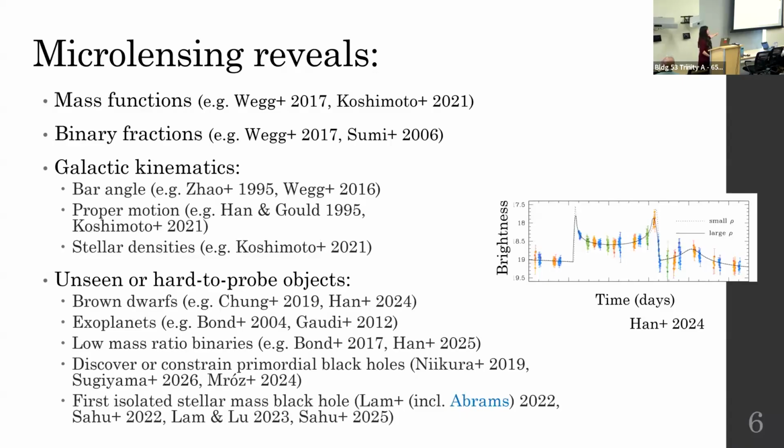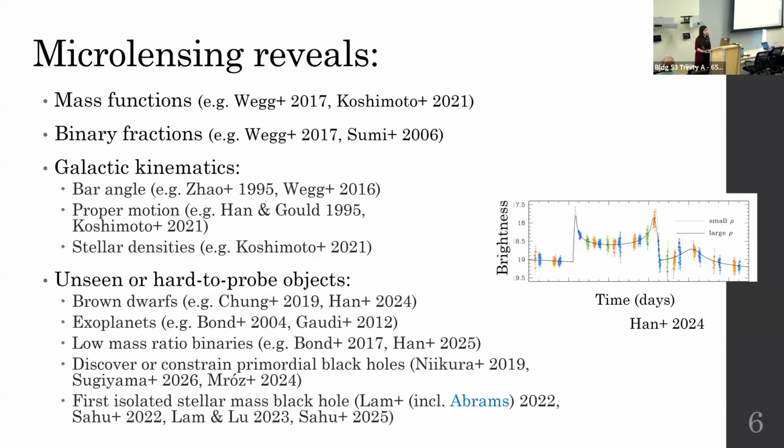But what a lot of these unseen or hard-to-probe objects have in common is that with the Rubin data alone, it's going to be difficult to identify individual events. As you can see there, there can be a lot of fast features that the Rubin cadence wouldn't be fast enough to capture.